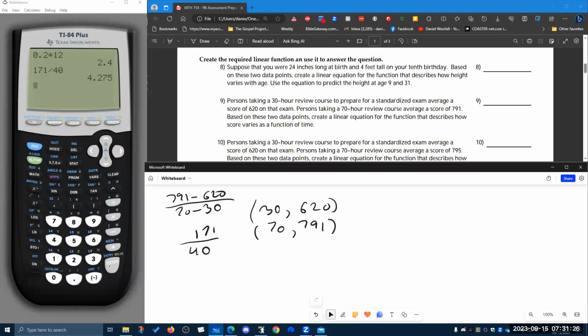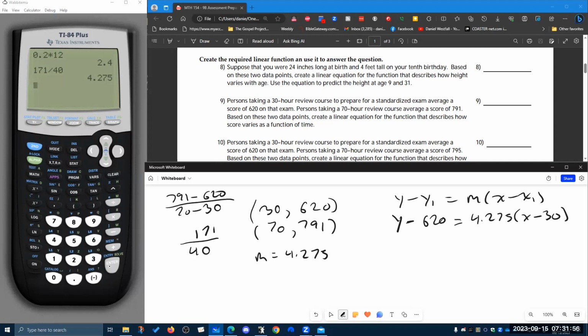Now we don't have the initial condition this time, so I'm going to have to use one of the points that was given to me. I'll use the one with the smaller x value. And we use this form of the equation, y minus y1 equals m times x minus x1. So y minus 620 equals m times x minus 30. I'm going to go ahead and multiply those things out.